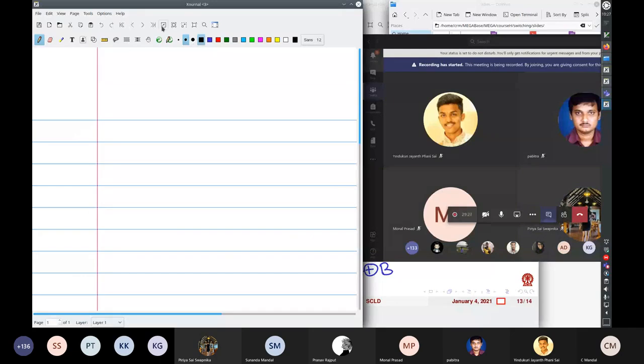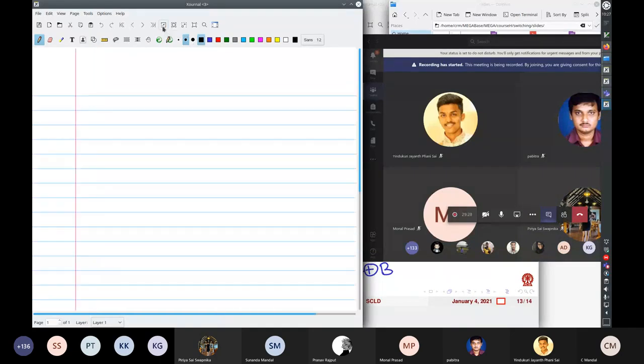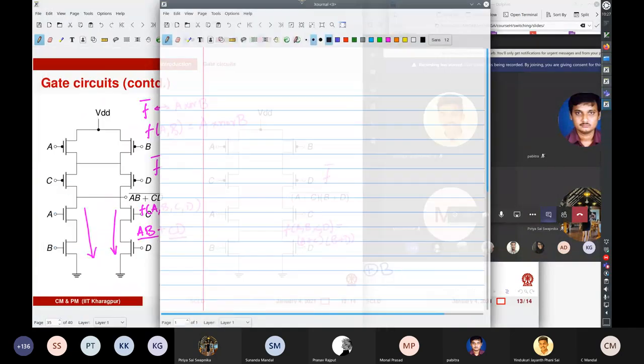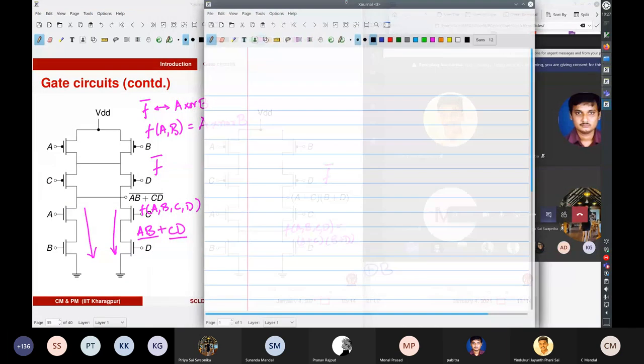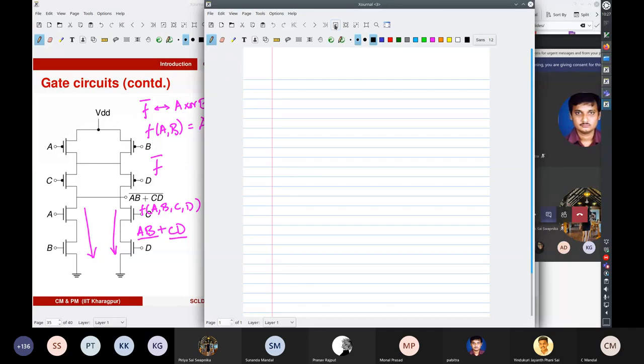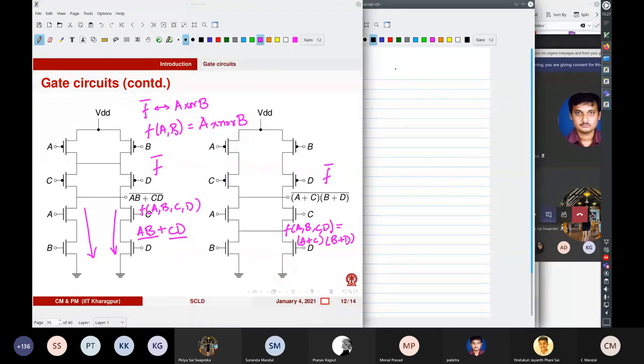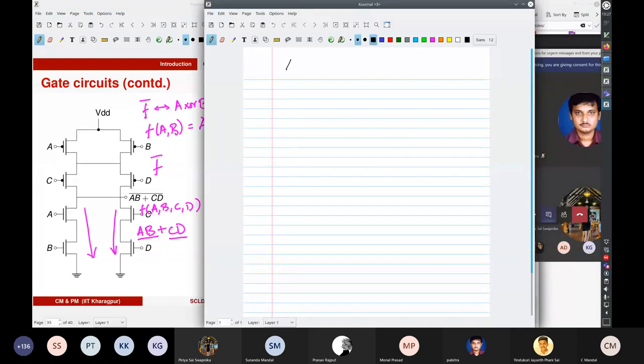So we want, what do you want to realize? You want to realize the XOR. You want to realize A XOR B. Okay. This is what you want to realize.